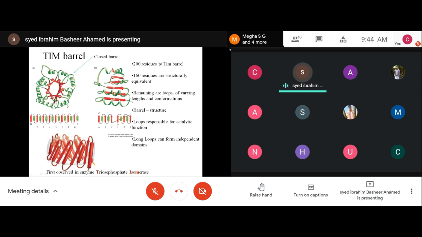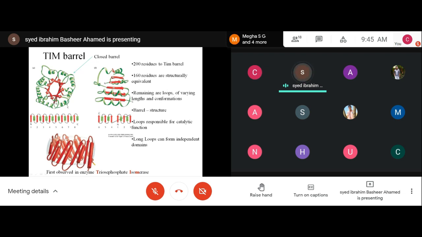So in the TIM barrel, totally around 200 or more than 200 residues will be there, but 160 residues will be structurally equivalent, which is maintaining the barrel kind of structure. The more than 160 will be found in the loop region.